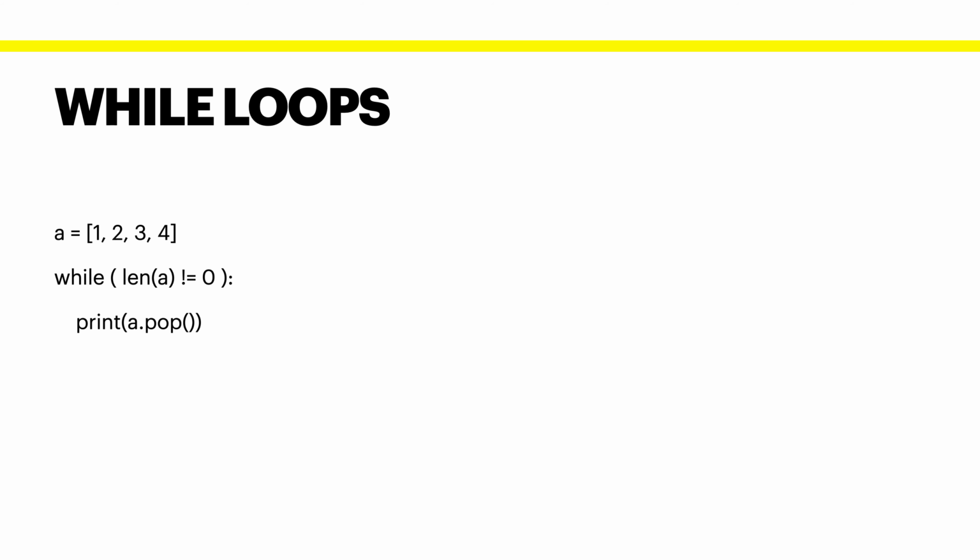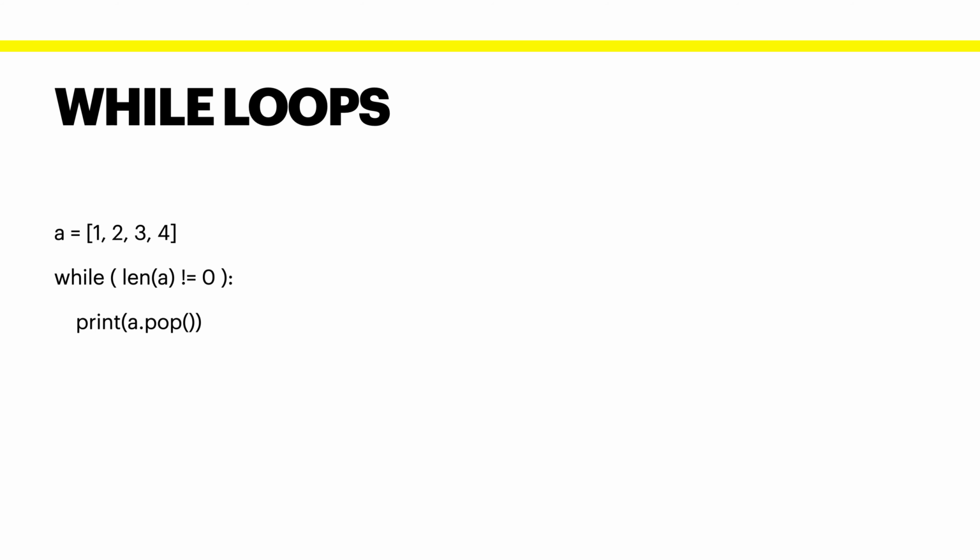Now, if you have seen this pop statement for the first time, then you don't need to worry about it because I will explain the meaning of this pop keyword and what this pop method does, and I'll tell you pretty much everything about this. Let us move on and you'll understand everything as I explain this code.